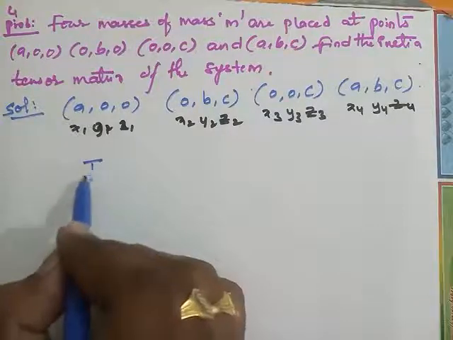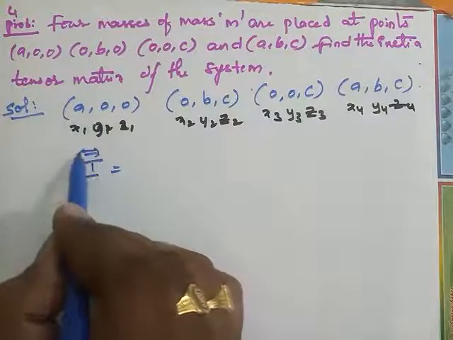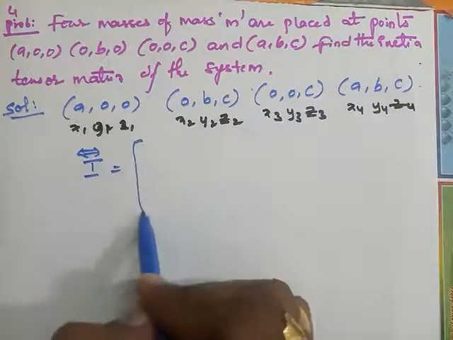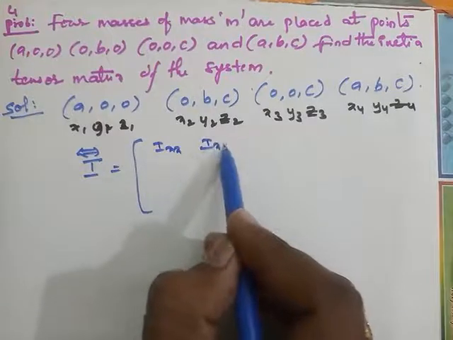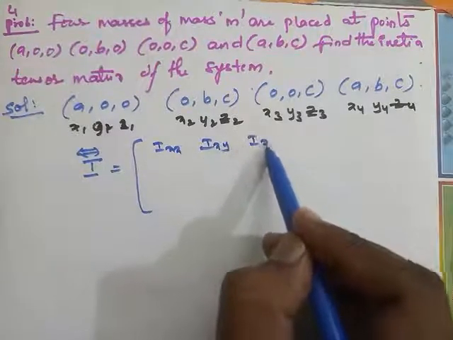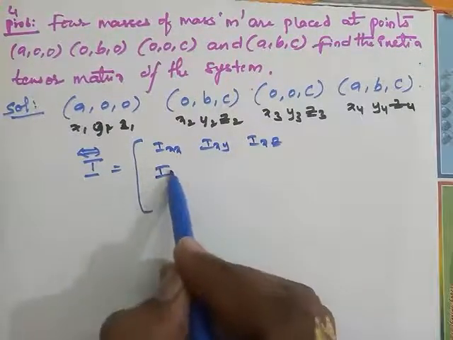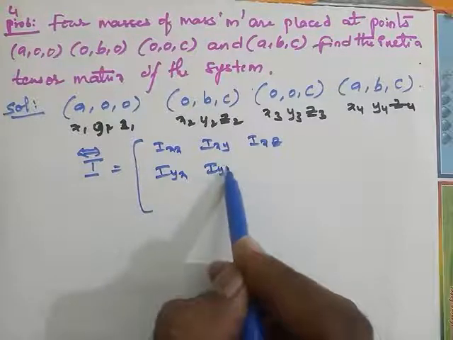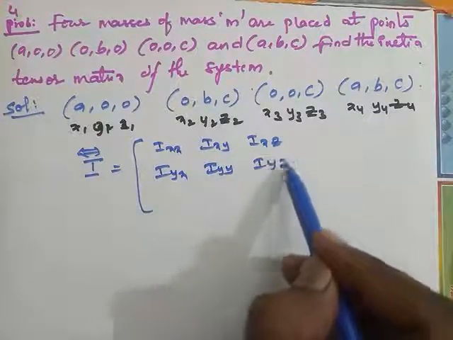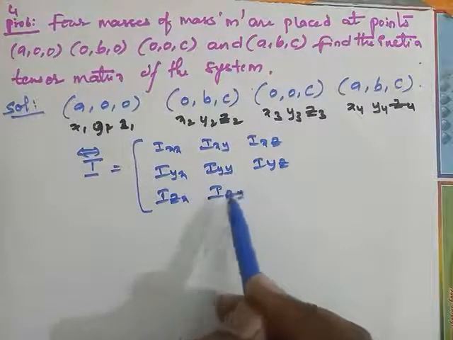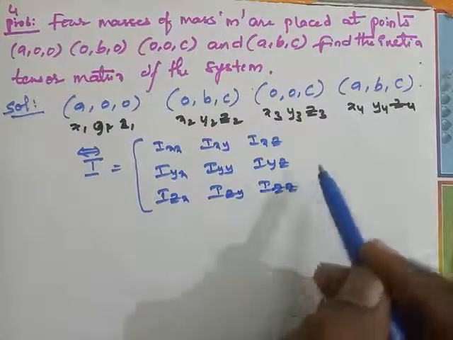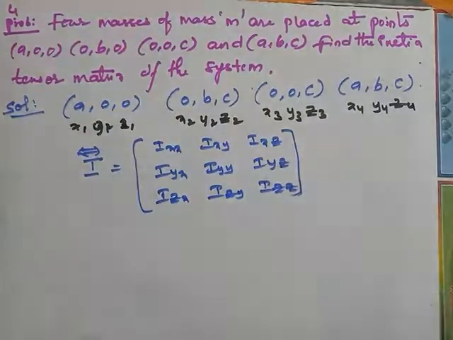How can we write? I equal to, it contains 9 components, just like the previous problem. Ixx, Ixy, Ixz, Iyx, Iyy, Iyz, Izx, Izy, Izz. Okay, now we have to find out all these 9 components.